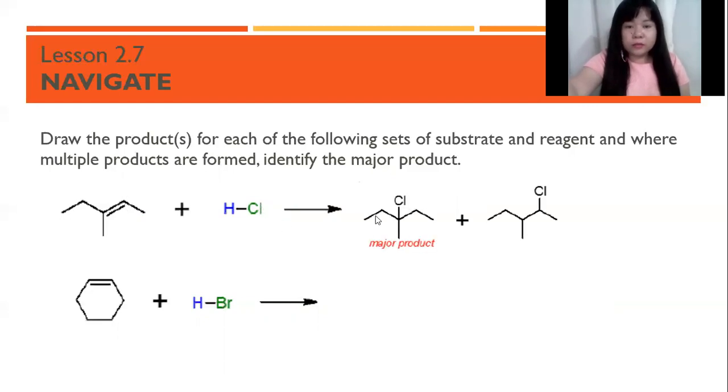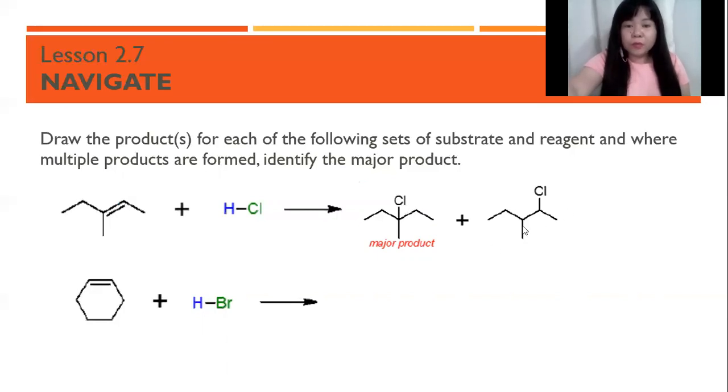this product. So here's the chloride attaching itself to this carbon, resulting in this product, and then the hydrogen, which has attached itself here, is not drawn anymore in the skeletal structure.